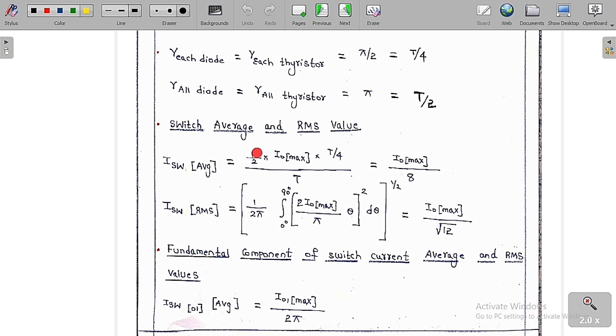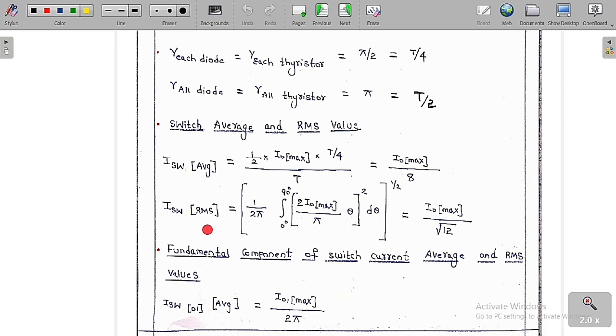Based on this, I want to find the average value and the RMS value of the switch current. The average value of the switch current is equal to the area, I naught max into T by 4, by capital T. So you are going to get I naught max by 8.